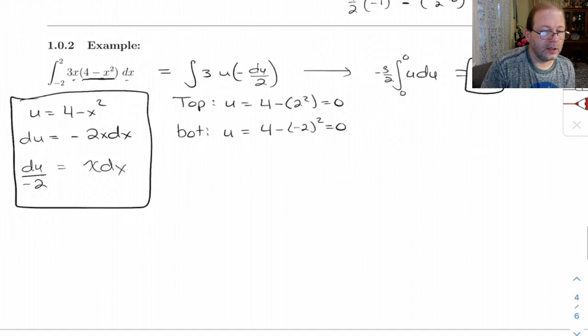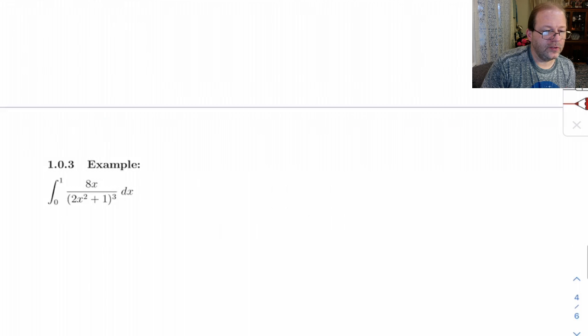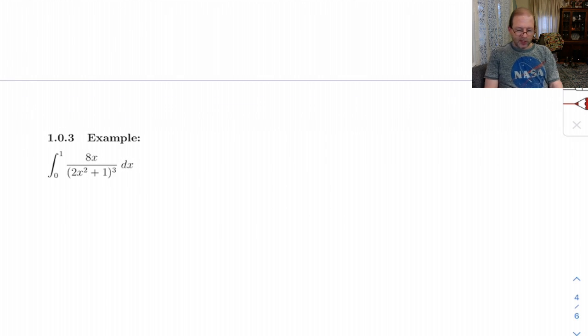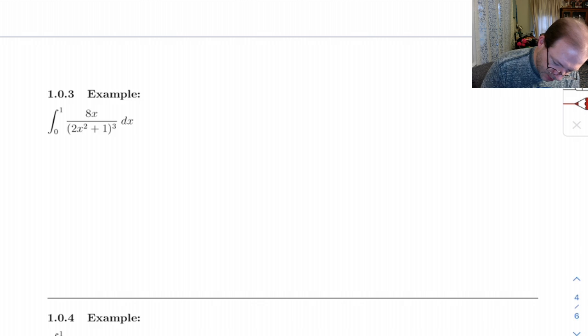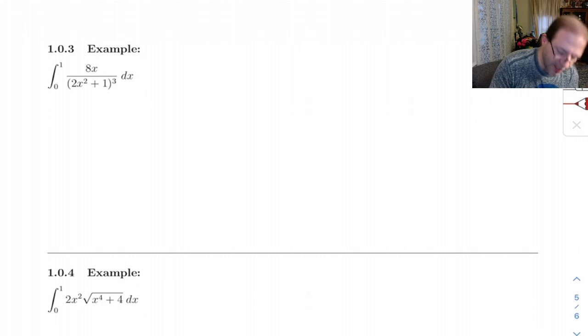All right, let's do one more example in this video. On this thing, we've got 2x squared plus 1 to the third power. That 2x squared plus 1, that's going to be my inside function.